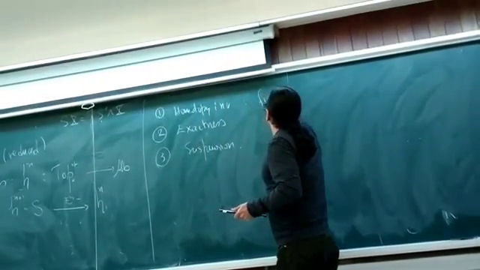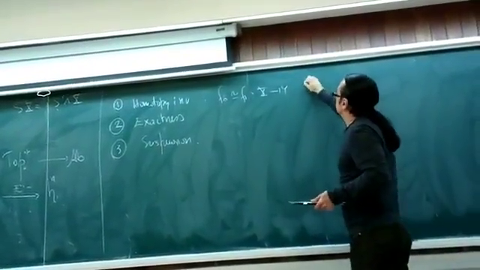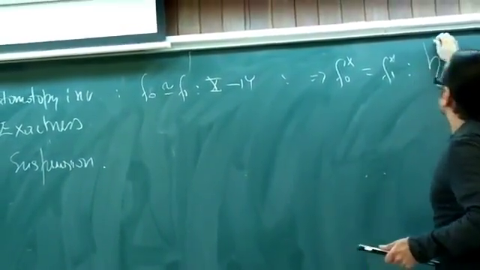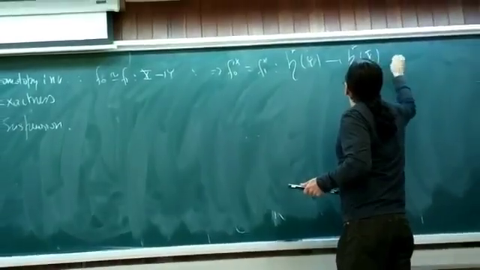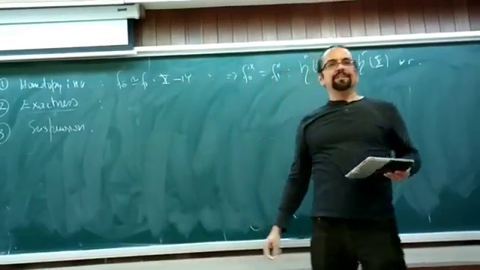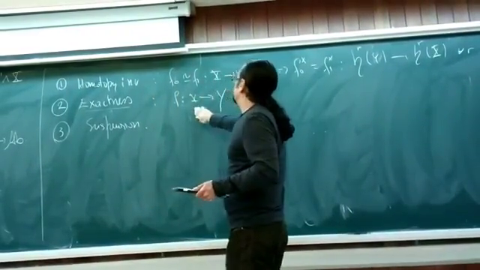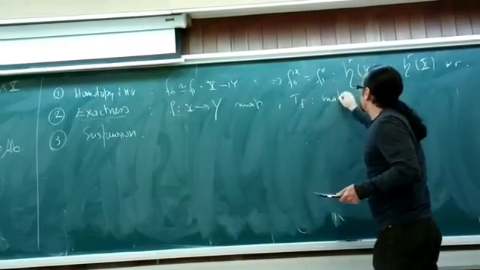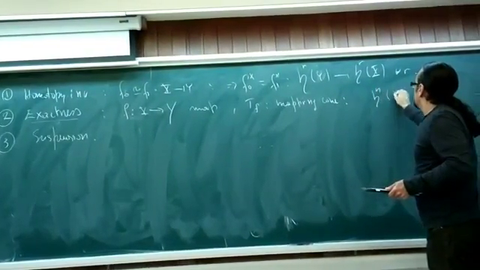So homotopy is that if you have two maps between spaces that are homotopic, based maps, base homotopies if you want, then this implies that the functors that they induce are the same, for all h^n of y to h^n of x, etc. Exactness maybe is something that yields exact sequences, but basically the idea is that if you have any map, could be for example an inclusion, and then you define the mapping cone, whatever that is, I won't spend time on that, then you say that you have an exact sequence.